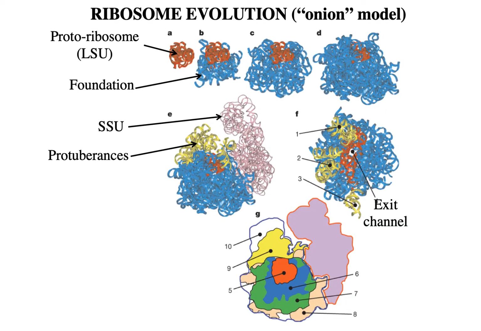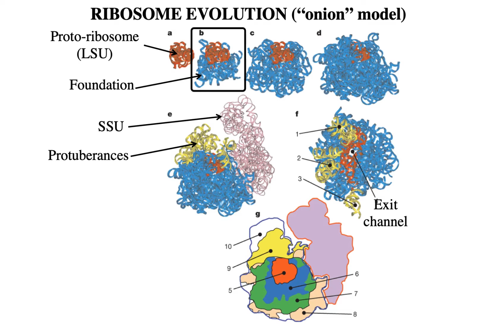So a few years ago, a model for ribosome evolution was built based on sequence comparisons. Very early on, back here at A, you have just that protoribosome that has the peptidyltransferase function, but little else. It has the hole that will become the tunnel.